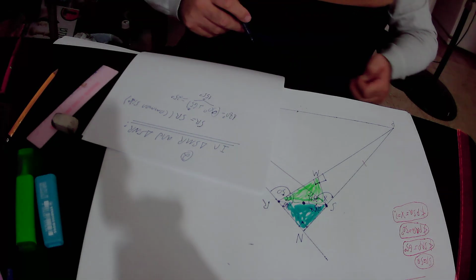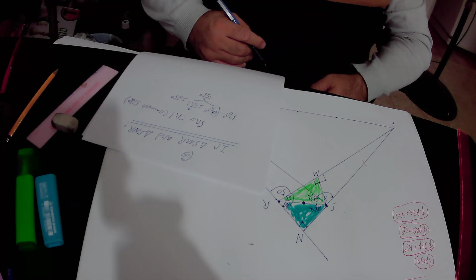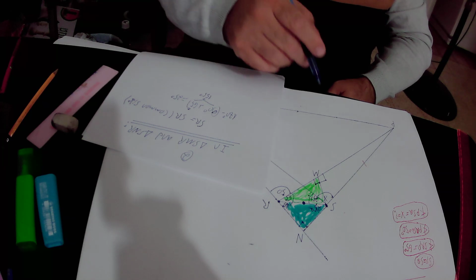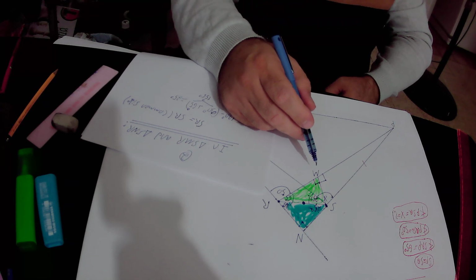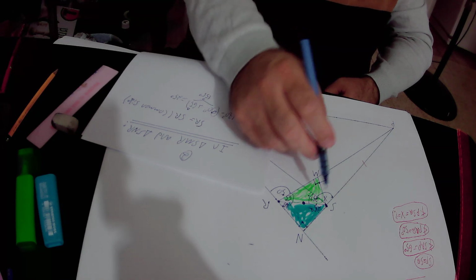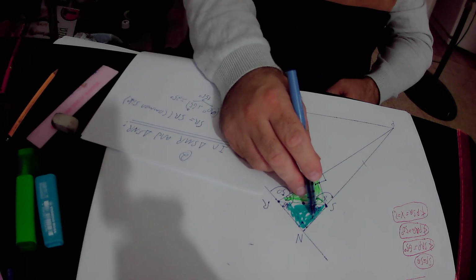So we found out that all three angles of the green triangle are correspondingly equal to all the three angles of the blue triangle. Okay?